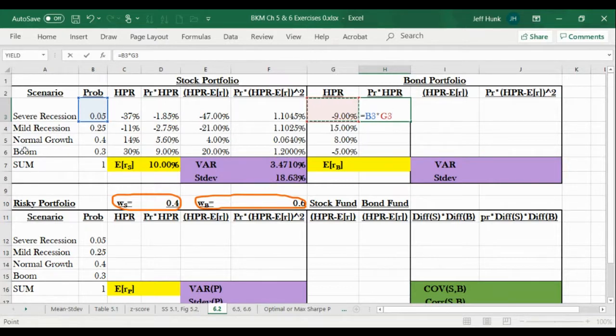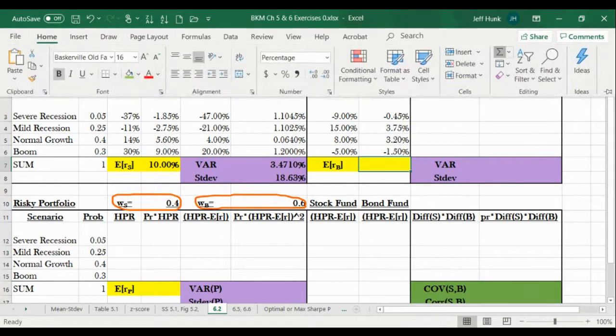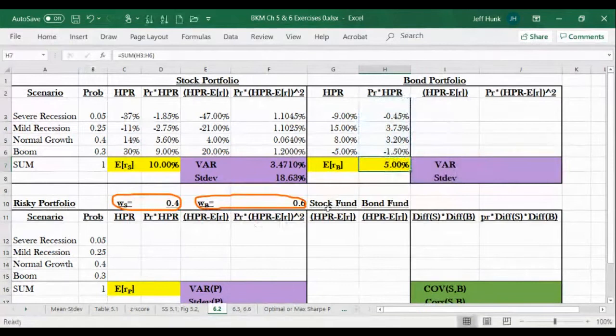Severe recession, mild recession, normal growth. These scenarios were given, right? You do that and drag it down, and by using auto sum, you find the expected return on the bond portfolio, which is 5%.